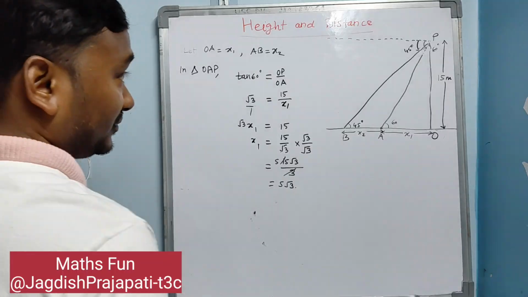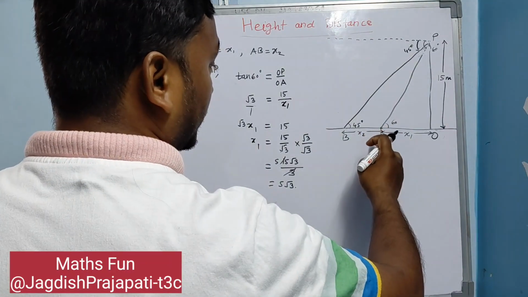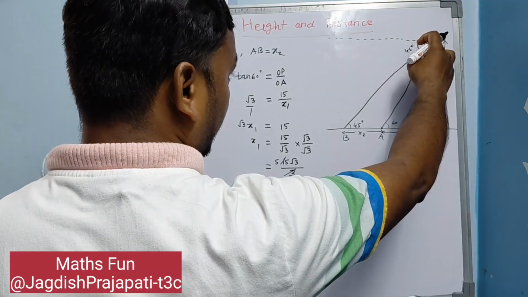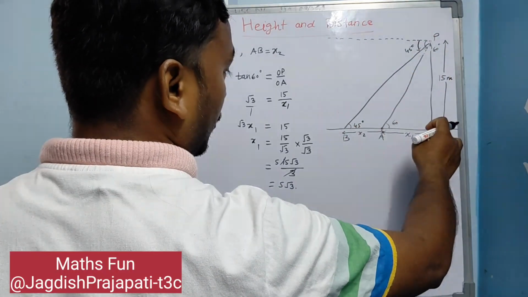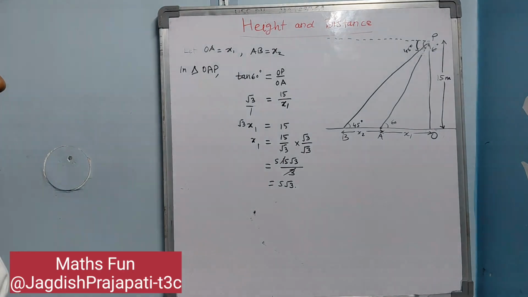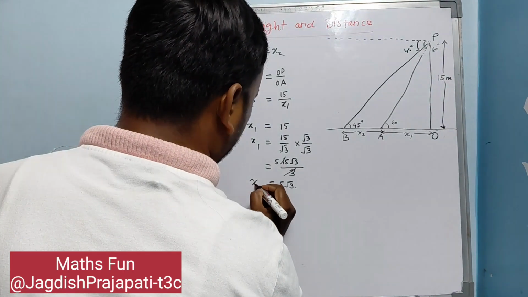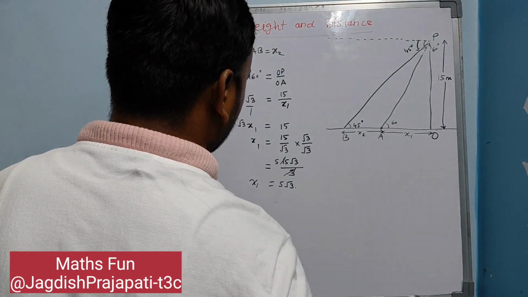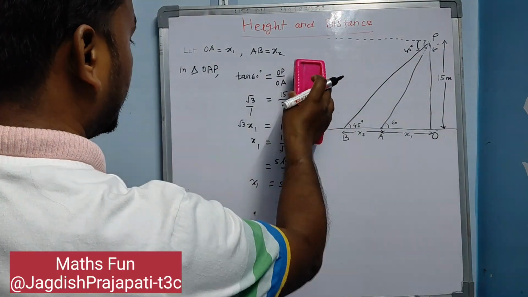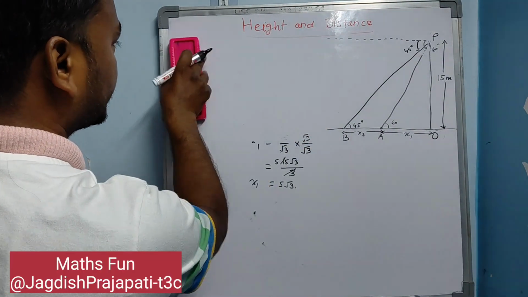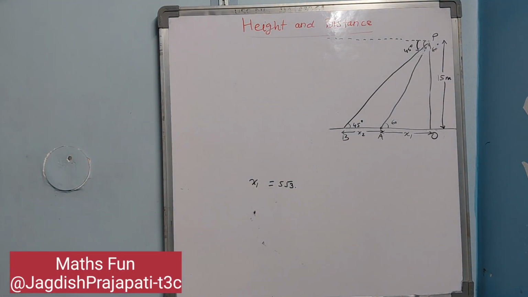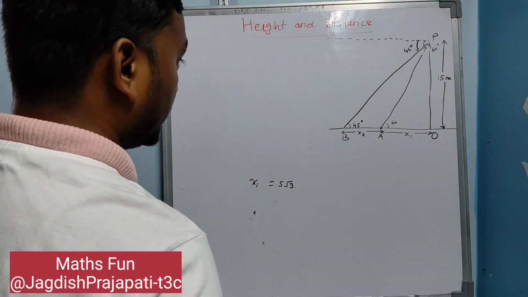Now we have to find out this x2 now. So we can use this triangle OBP. We need this x1. So I am erasing this. Okay.